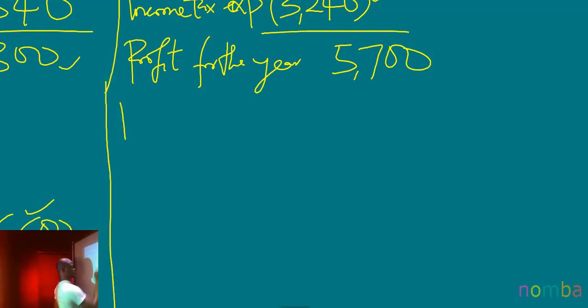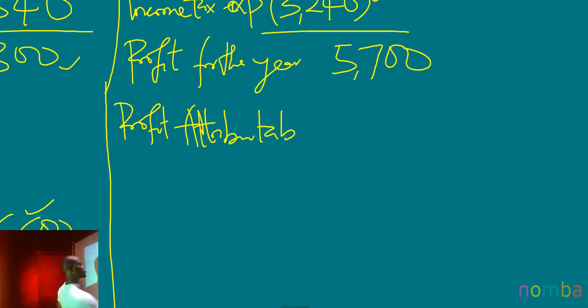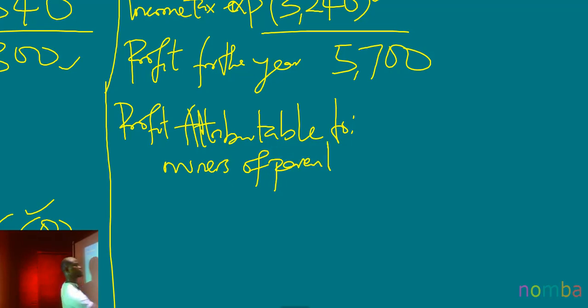So I will get the profit for the year, the profit attributable to first the owners of parent and the non-controlling interest. You must always determine that of non-controlling interest first. Then you will get that relating to owners of parent as the balancing figure.